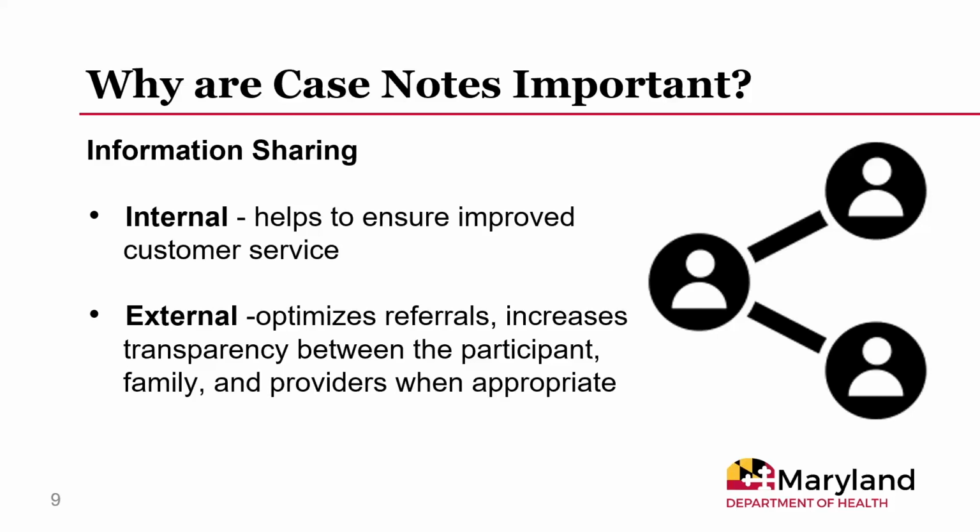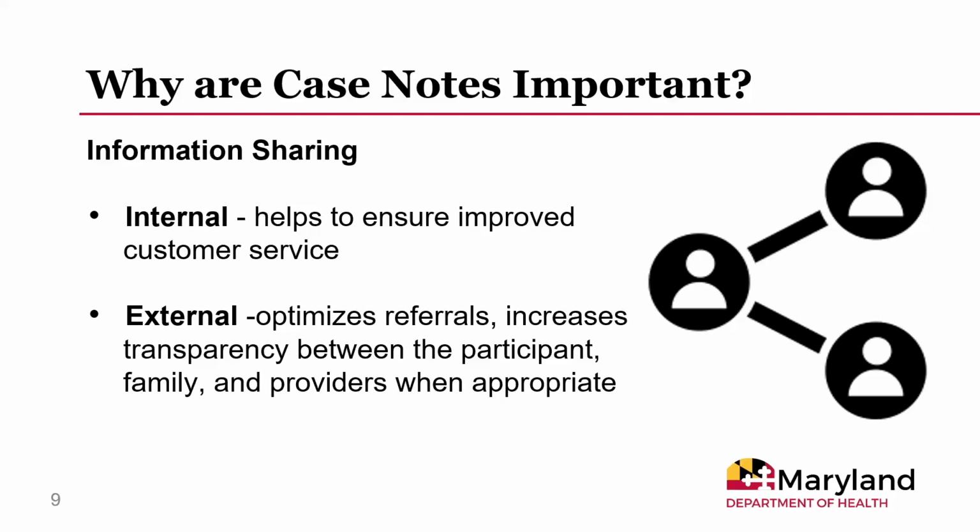Good case notes lend to good internal agency follow-up, oversight, and improved service to the participant. This is useful to your CCS agency, but also to the DDA. Issues documented may suggest needed changes to policies and procedures.